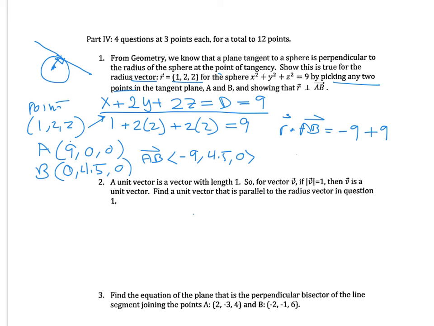I just have negative 9 plus 9, which is 0. So the dot product equals 0. Therefore, R is perpendicular to AB. It works.